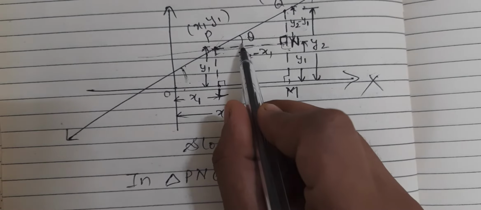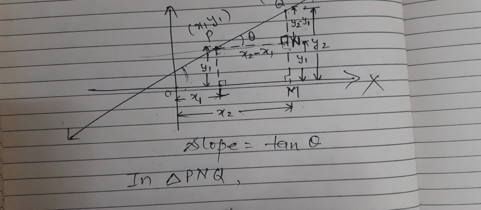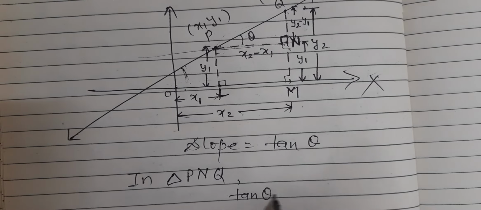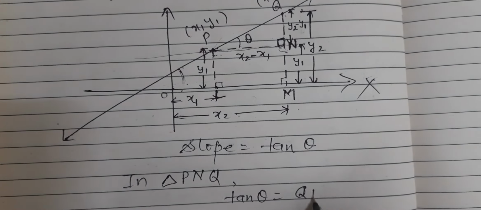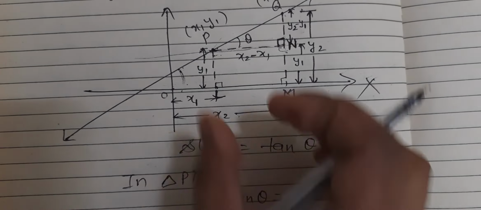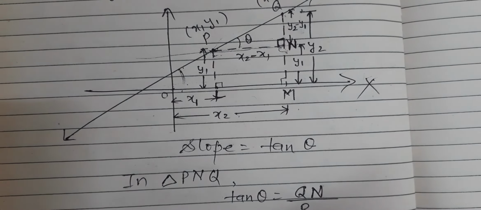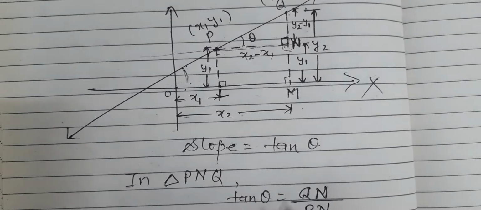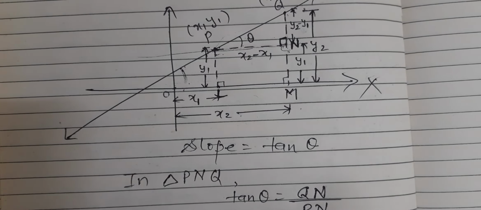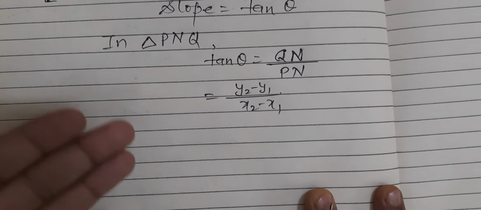Here this is theta. So we can find tan theta equals perpendicular upon base. Perpendicular means this QN, base means this PN. QN is y2 minus y1, and this base is x2 minus x1, and this is the formula. This is the only formula.